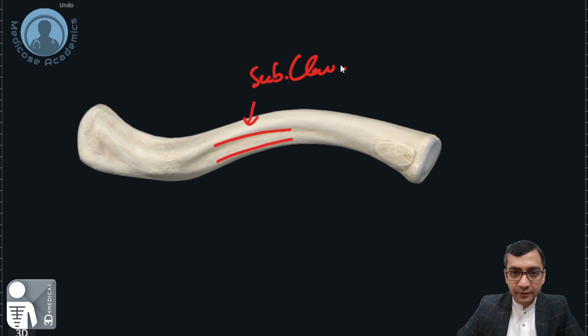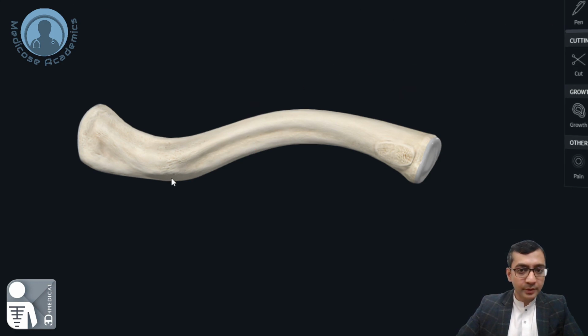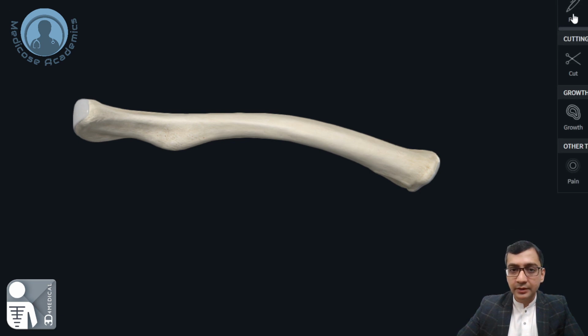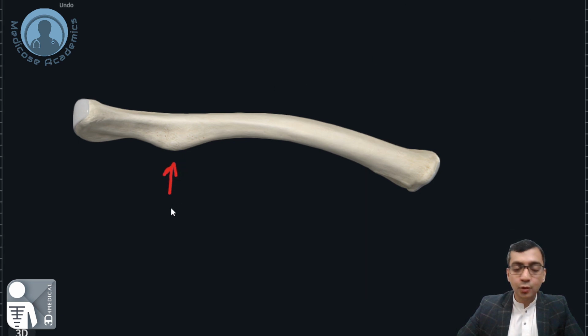It also has an ovoid impression on the medial aspect, and then it will be more prominent if I tilt it a little. This prominence is the conoid tubercle.